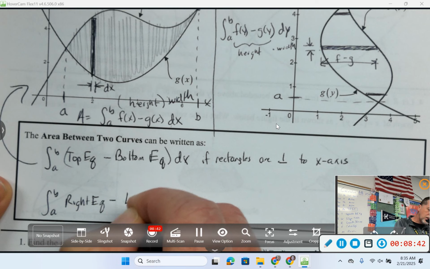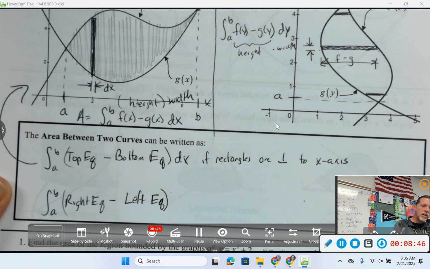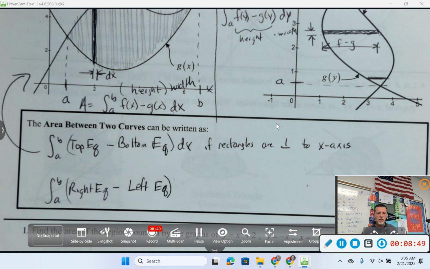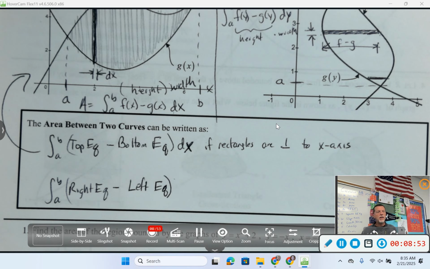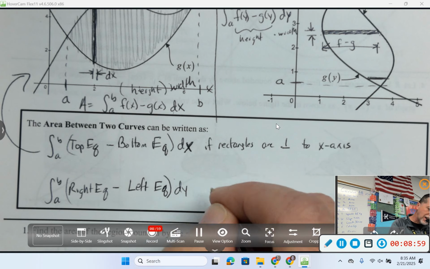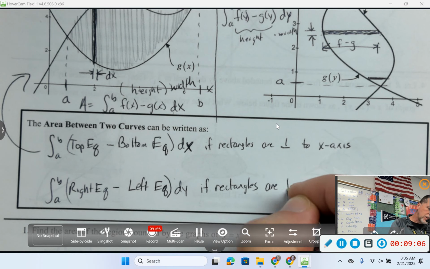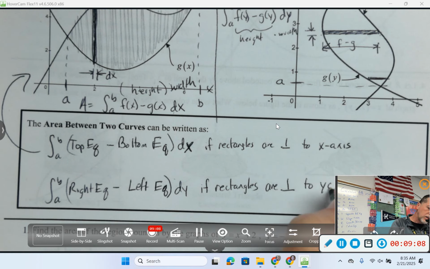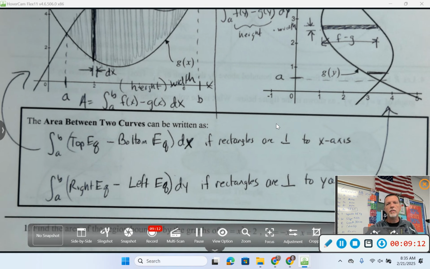Right equation minus left equation. And the slices, their thickness is dy. You're cutting against the y-axis. So dy, if the rectangles are perpendicular to the y-axis. That would be that picture.